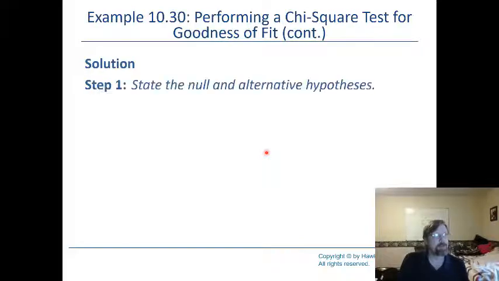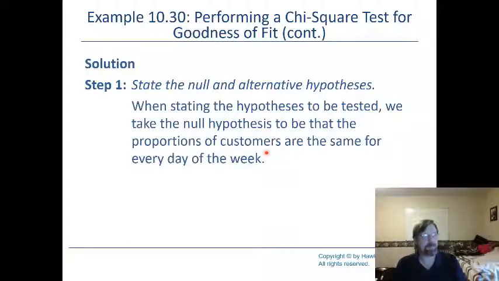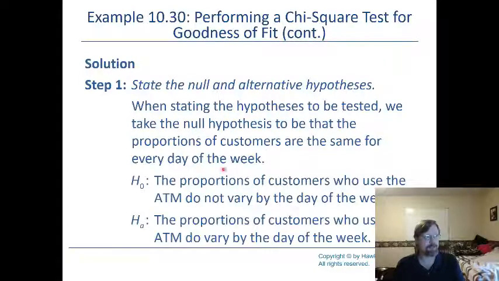So, the null and alternative hypotheses. The null hypothesis is that the proportion is the same for every day of the week. All right, the proportion who use the ATM does not vary by day of the week. So you have a 1 in 7 chance.